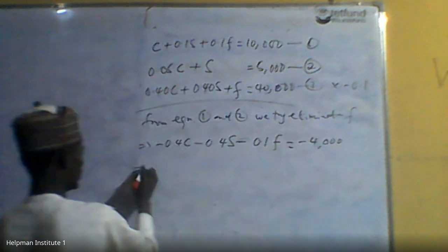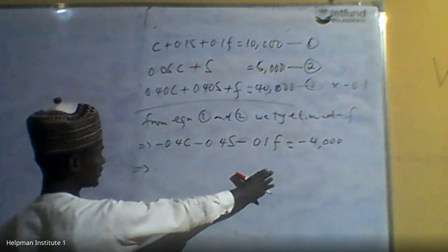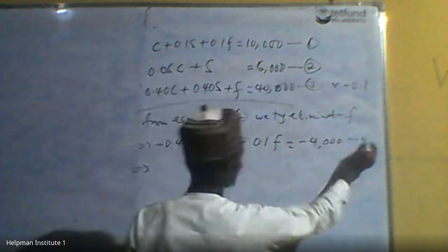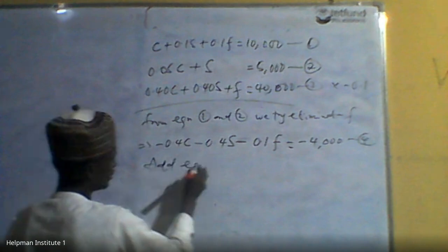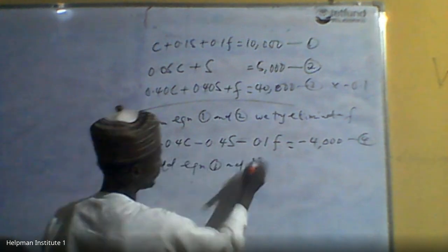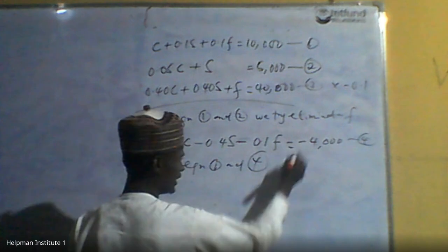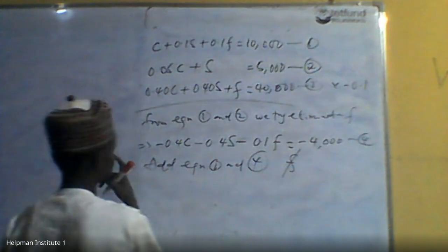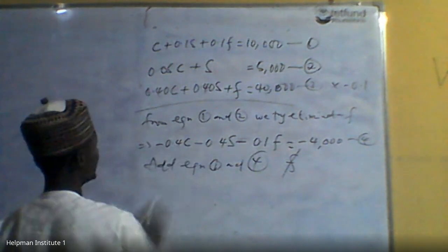So we manipulate this. Are you with me? Yes. So now this is equation 4. Add equation 1 and 4 to eliminate F. By adding these, this is equation 4, so we add it together.